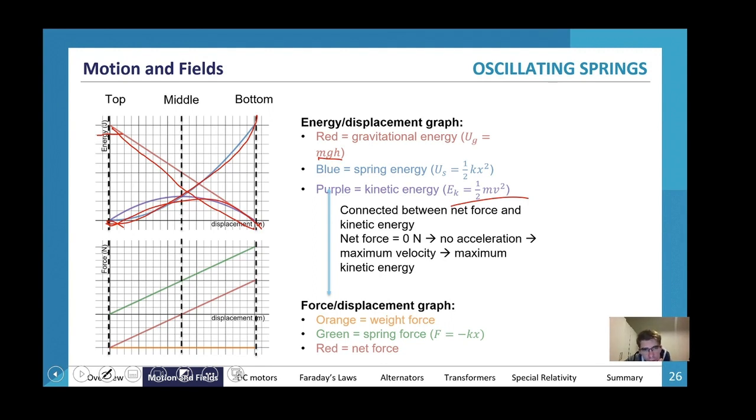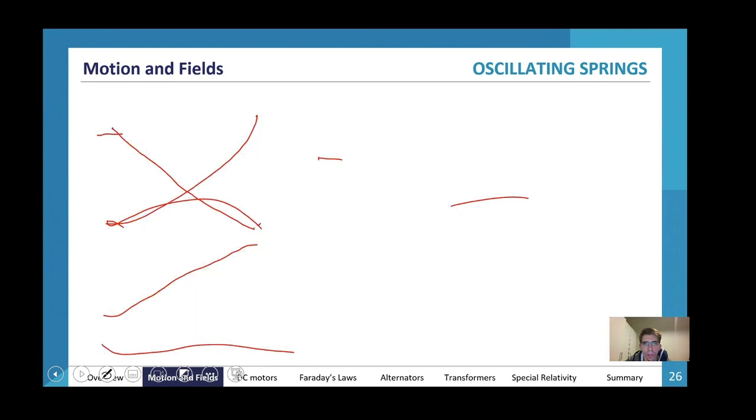What is interesting about this slide, though, is that the weight force, of course, is constant. The force that is applied by the spring obviously linearly increases the further the spring falls down, right?